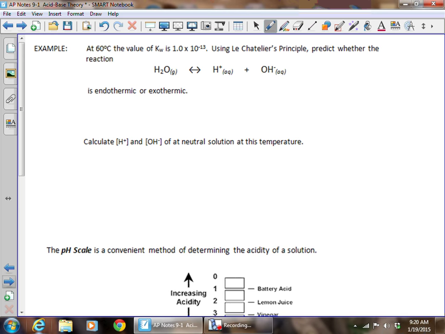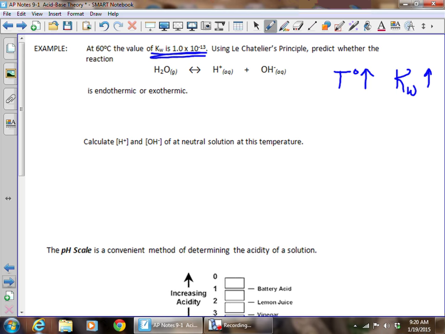Okay, now what if we change temperature though? At 60 degrees Celsius, Kw is this. So using Le Chatelier's principle, predict whether this reaction, the water reaction, is endothermic or exothermic. Okay, well let's think for a minute. The temperature went up, and when the temperature went up, Kw increased. It went up to 1 times 10 to the minus 13th.